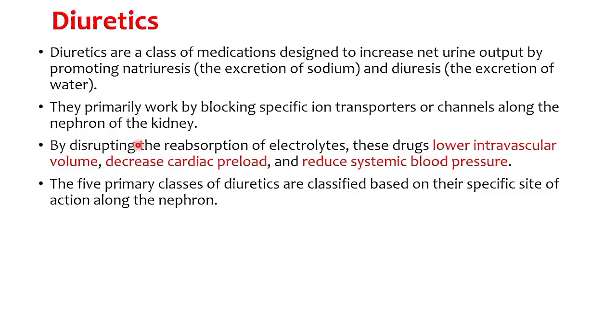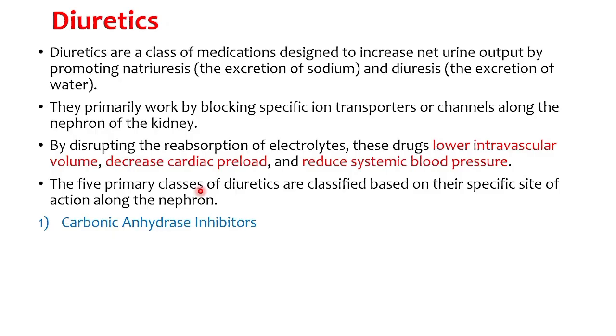We have 5 primary classes of diuretics that you should know, based on the specific sites of action along the nephron. The first one is the carbonic anhydrase inhibitor. In our previous first slides, we looked at how the bicarbonate ion is reabsorbed in the PCT, and I mentioned the enzyme involved, the carbonic anhydrase enzyme.